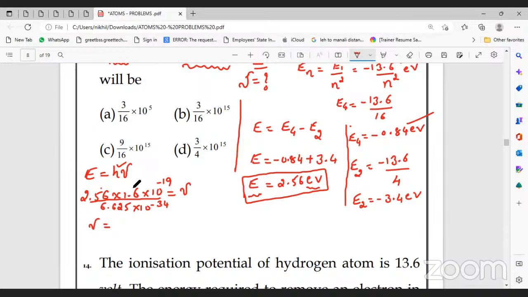You can multiply these two and divide by 6.625. If you multiply 2.56 into 1.6, you will get 4.096. If you divide 4.096 by 6.625, you get 0.6182 into 10 raised to, when you take minus 34 to the numerator, it becomes plus 34 minus 19, equal to 15 hertz.